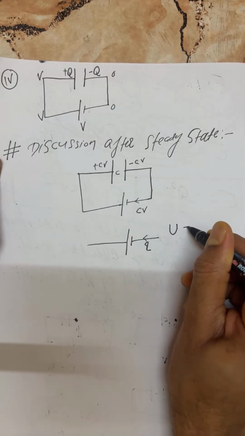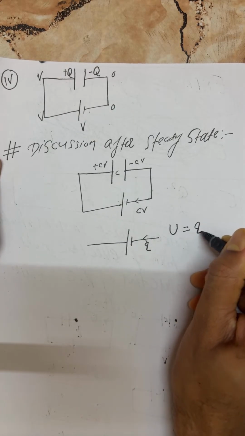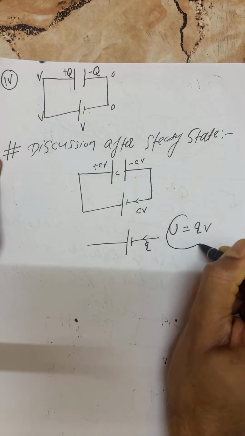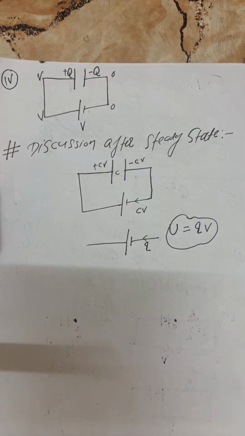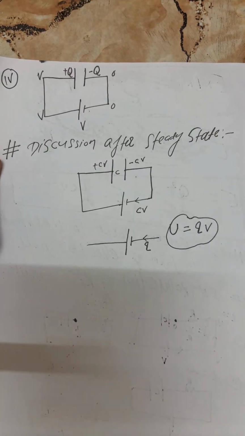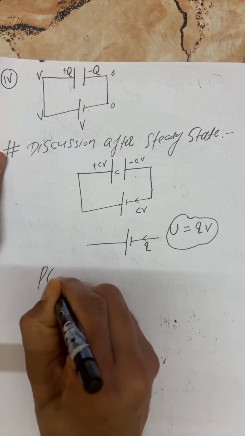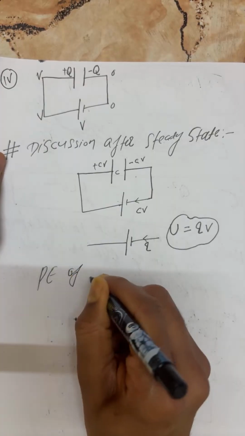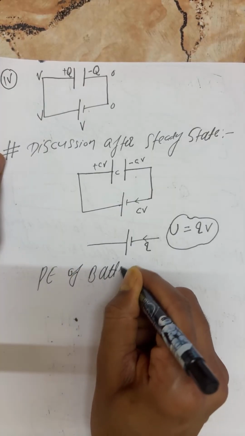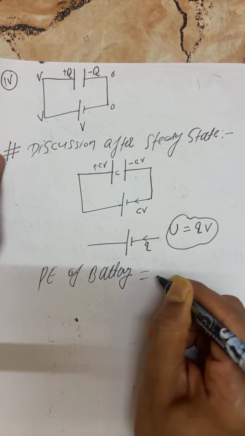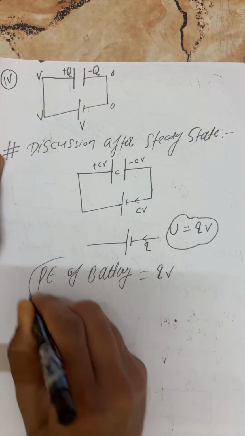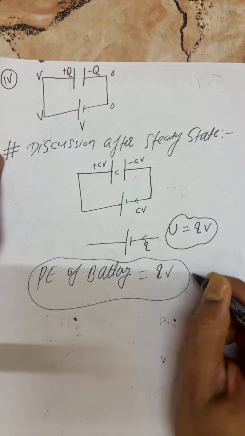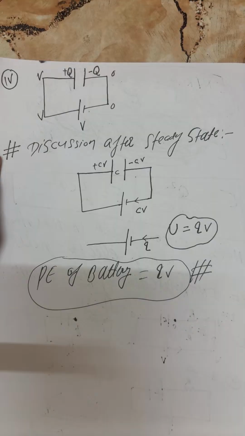U is equal to QV. Keep in mind, this is the potential energy of the battery, which is equal to QV.